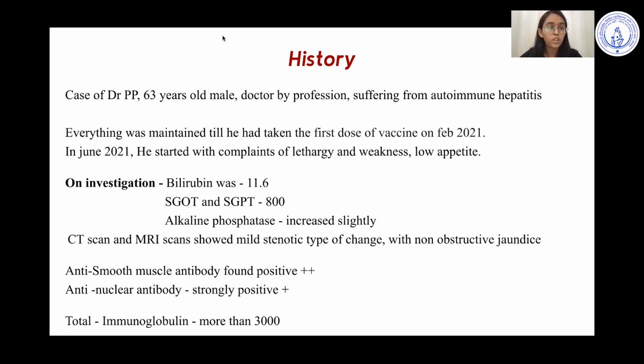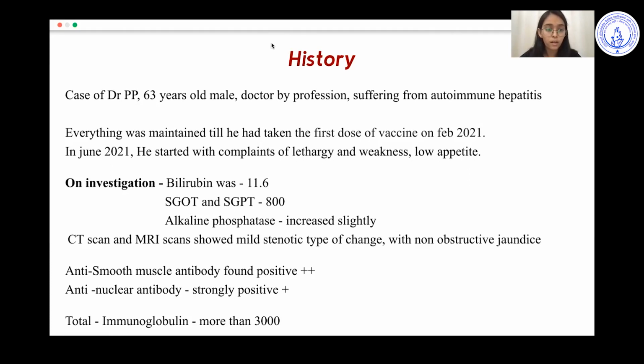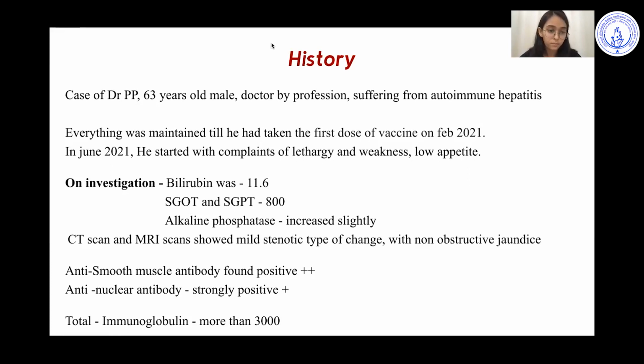So he got his routine investigations done and found that in June 2021, his bilirubin was raised and his alkaline phosphatase, SGOT, SGPT were also remarkably increased. He got his CT and MRI abdomen done and found some mild stenotic changes. He started taking medication for that, but there was not much relief.